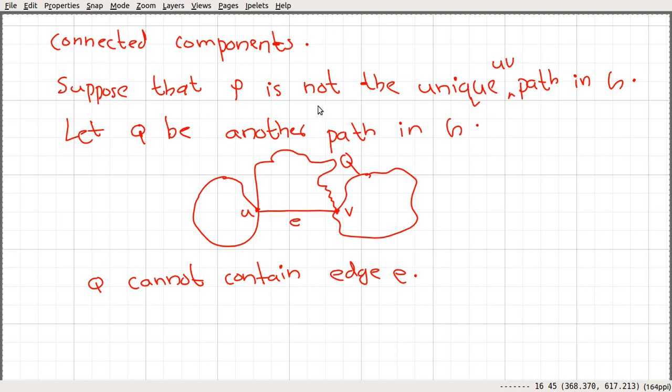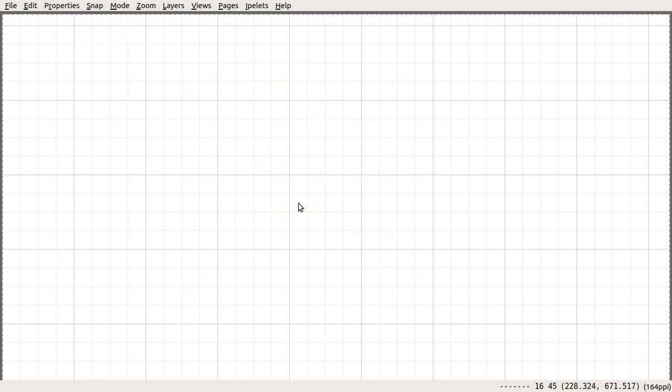Let Q be another UV path. We can see that this Q cannot contain the edge E. For example, if it starts here and uses this edge E and moves to V, then we have the same path that we started with.